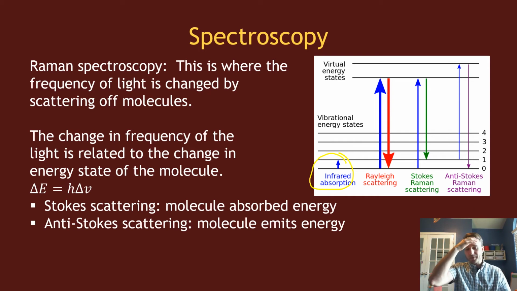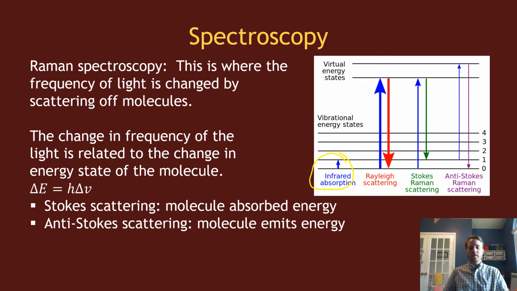For Raman spectroscopy, this has to deal with the scattering of light. So light will come in to your molecule, hit the molecule, and you can think of it as sort of bouncing off, but when it bounces off, it either takes in some amount of energy or gives some amount of energy to your molecule through that scattering event.